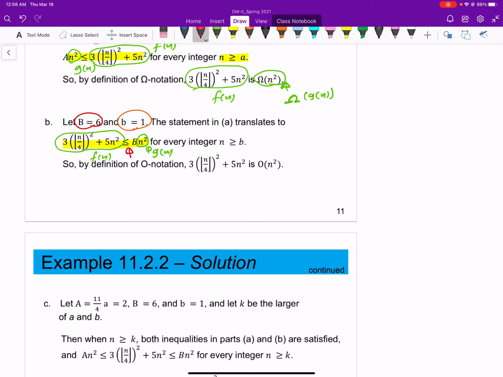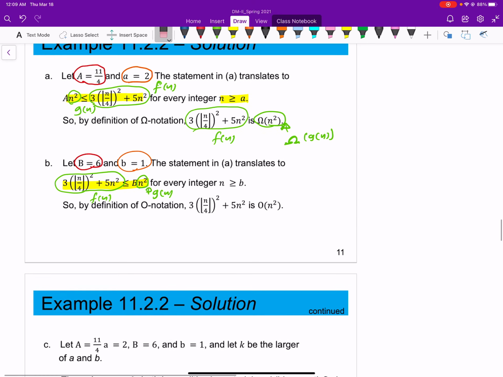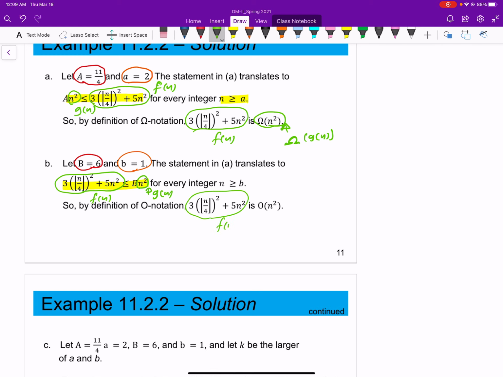Then we could write, by the definition, f of n is O of n square. This is similar to O of g of n.